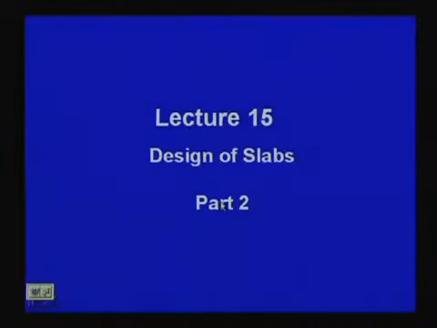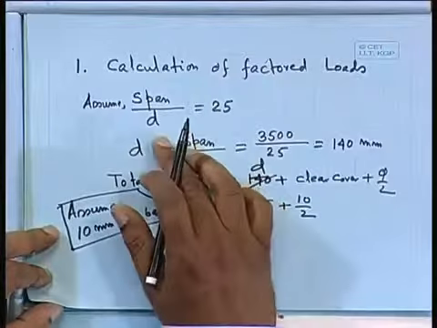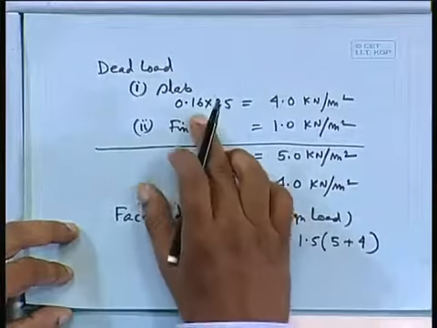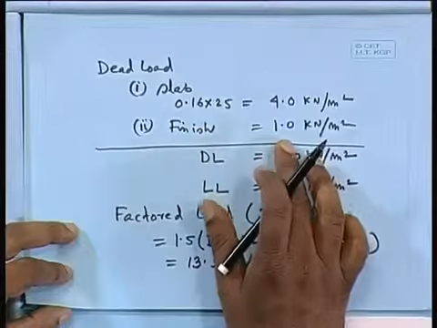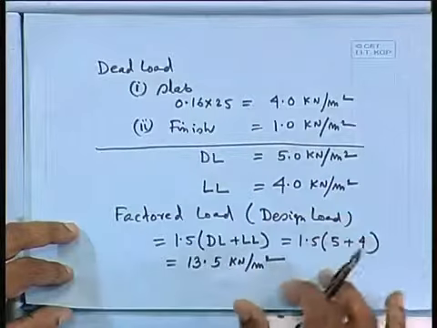Just to show you how far we have done. We have done the calculation of factored loads, step 1, on the basis of the span by depth ratio. Next, we calculated dead loads on the basis of the assumed thickness of the slab, and finish we have already taken as 1 kilonewton per square meter, live load 4 kilonewton per square meter.